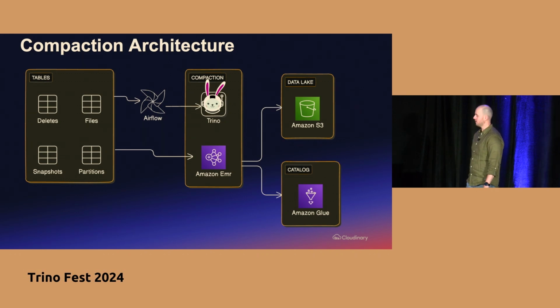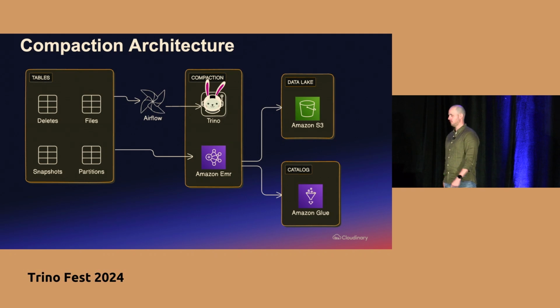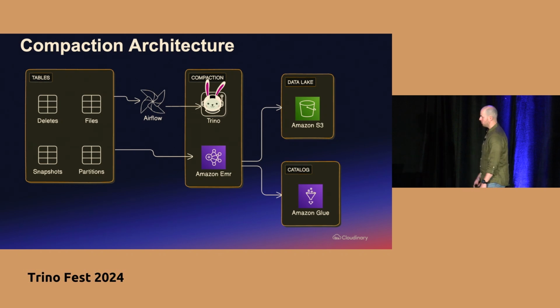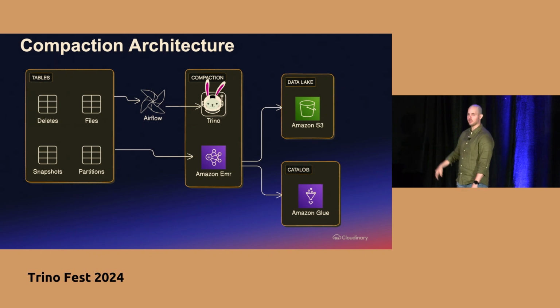You can even query the deletes table, which tells you the status of current deletes on your table, and whether you need to also include in the configuration a delete parameter to catch those files. And we have Airflow that does it on a scheduled basis. Every time it finds a table that needs compaction, it will call Trino and tell it what table and what to run on that table.